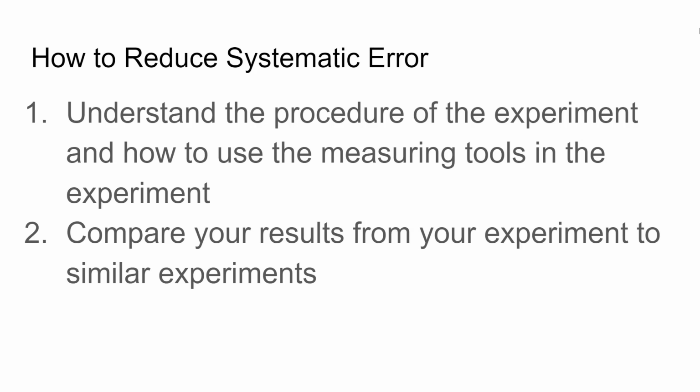To reduce systematic errors, a clear understanding of your experimental procedure and, importantly, how to use your measuring tools is essential. Another way to evaluate systematic error is to compare the results of your experiment to others. This is often a step that is not always taken, but it can reveal a lot about the validity of scientific information if the same results can be obtained from similar experiments.